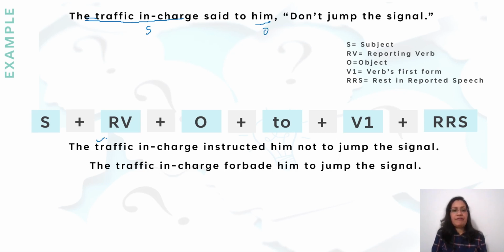So the traffic in charge instructed him not to. Don't jump changes to not to jump. Not to jump. Jump the signal. Or if I'm going to put it as a forbidden sentence, I'm going to write it as the traffic in charge forbade him to jump the signal. So this is how you deal with forbidden sentences.